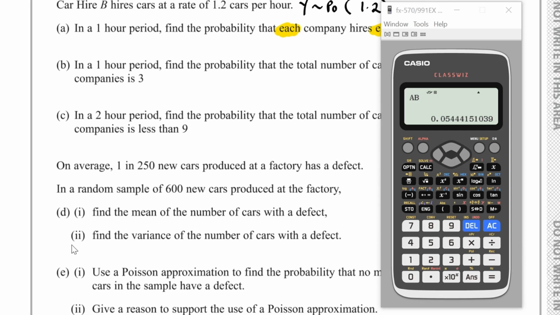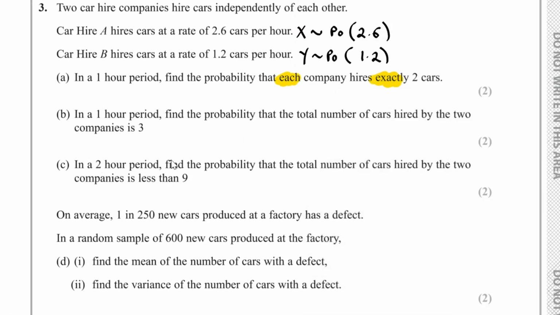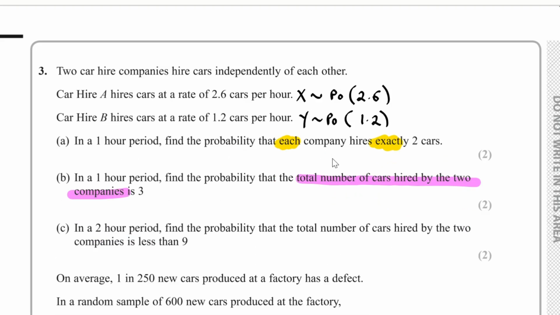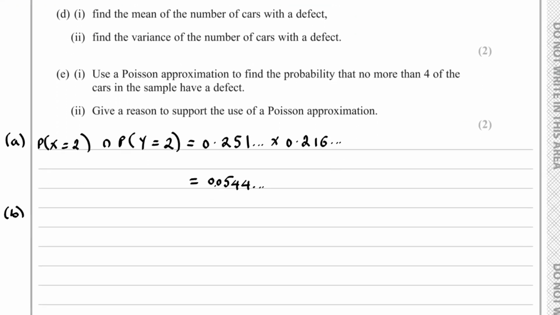Now for part B, in a 1 hour period, we have to find the probability that the total number of cars hired by the two companies is 3. So we're looking at the total number of cars hired by the two companies. What we have to do therefore is add these together, and what we're looking for is x plus y equaling 3.